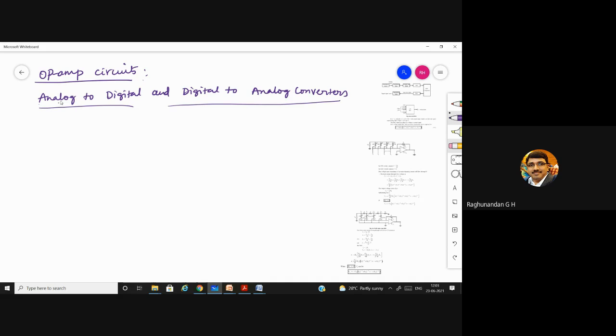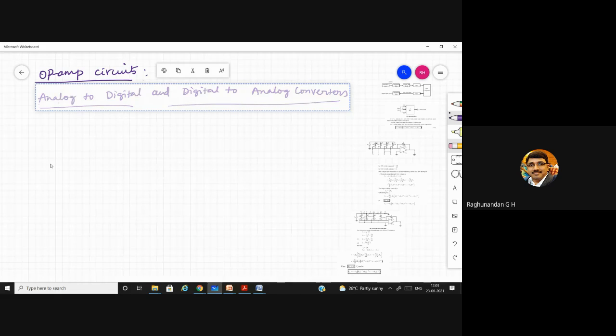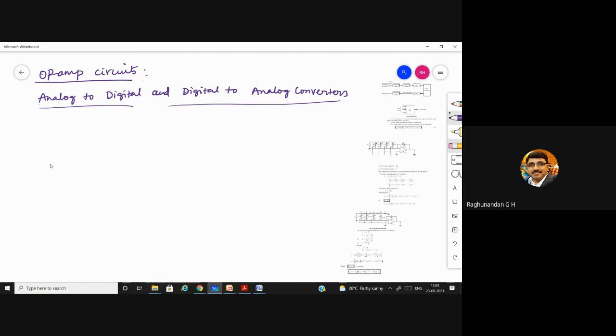See, we know that in order to process the signal in the processor, we need the signal in discrete values, discrete levels. So we need it in terms of zeros and ones. But when we want to transmit a signal, or when we are capturing any signal, it will always be in the analog form.